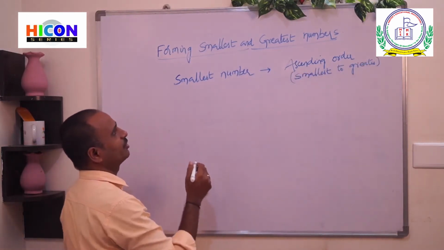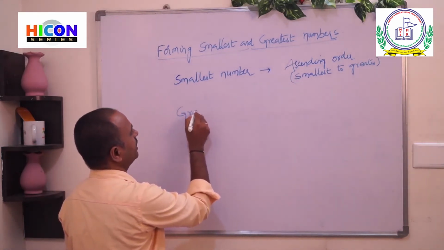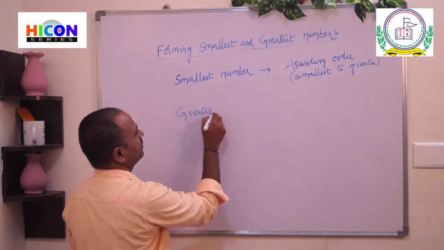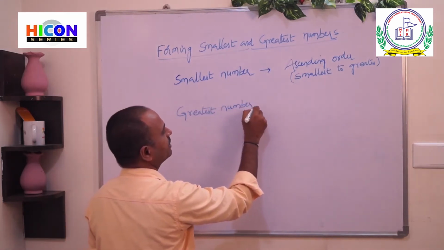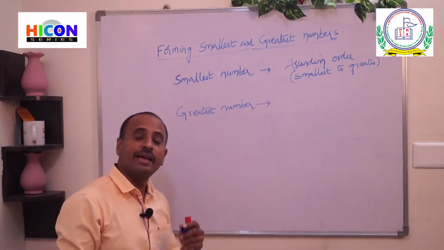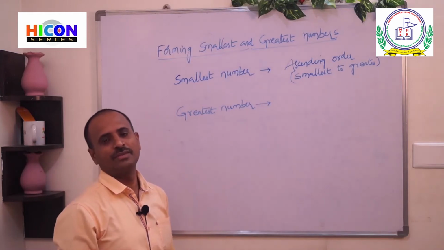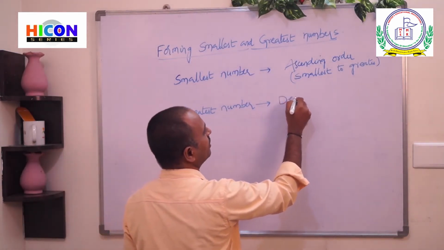And next one is how to form the greatest number. So we can write the greatest number with the help of given digits if we arrange the given digits from greatest to smallest. Greatest to smallest, that is called descending order.